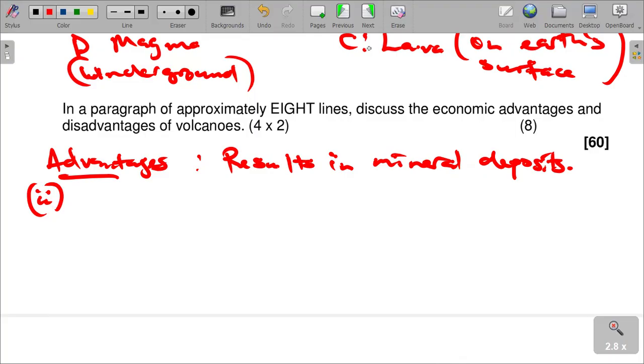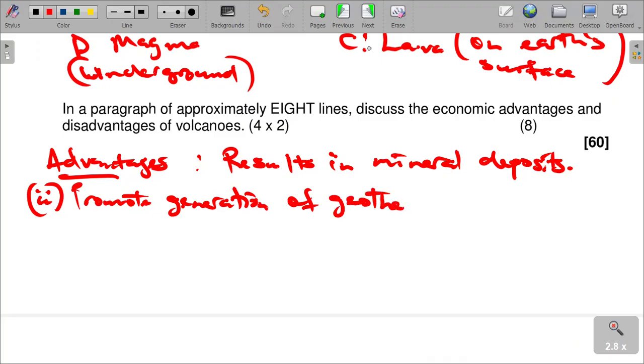We also talk about how it promotes generation of geothermal energy. We are talking about the energy that is coming from underneath the earth.